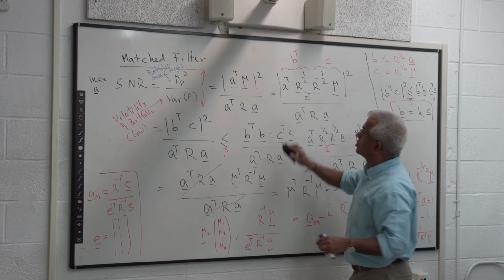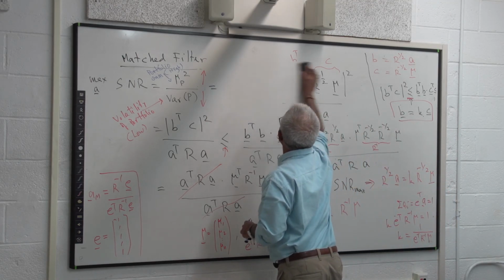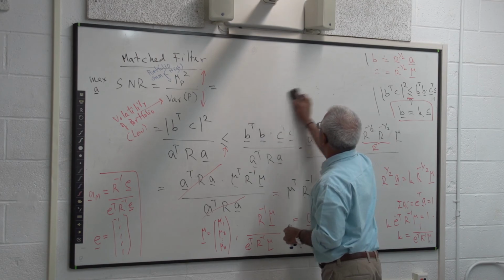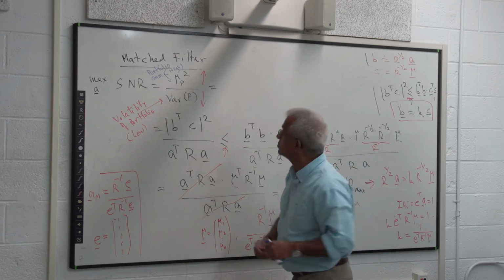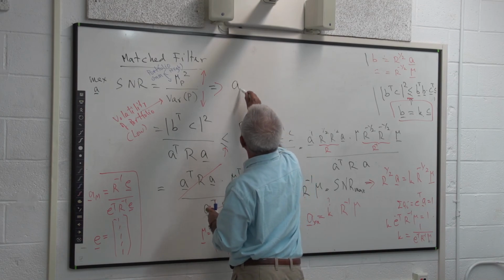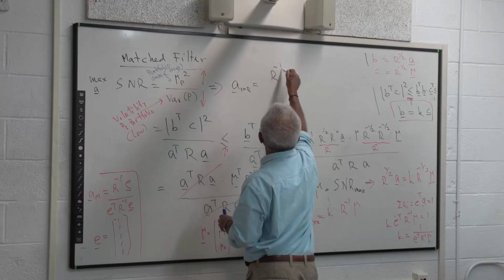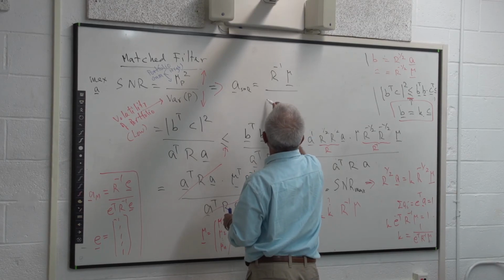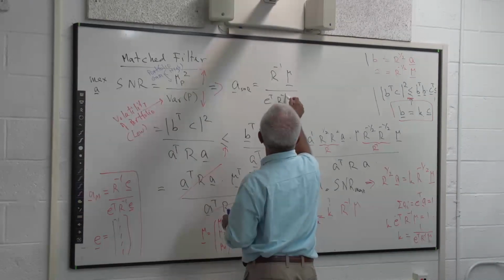So bottom line, to summarize, this solution leads to the ASNR optimum solution, which is R inverse mu over E transpose R inverse mu.